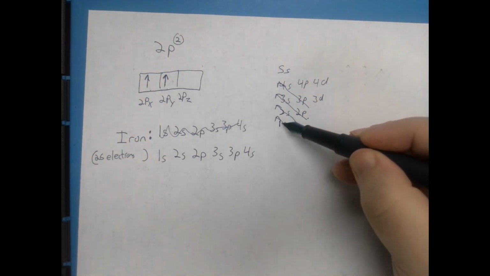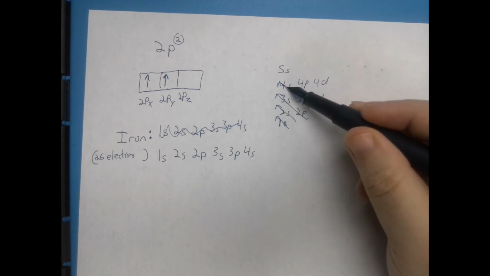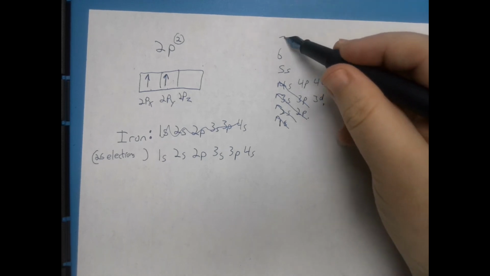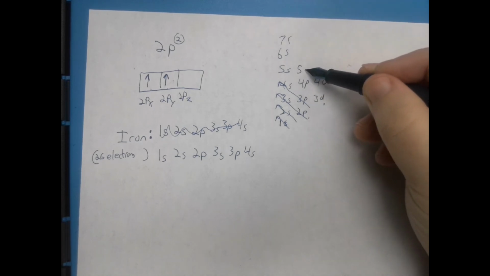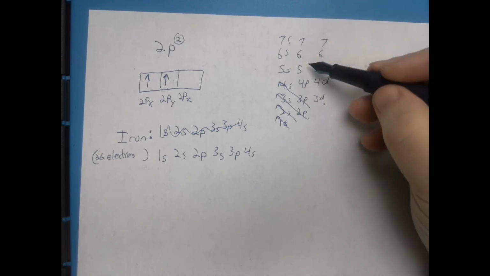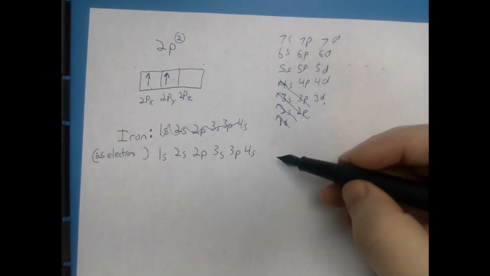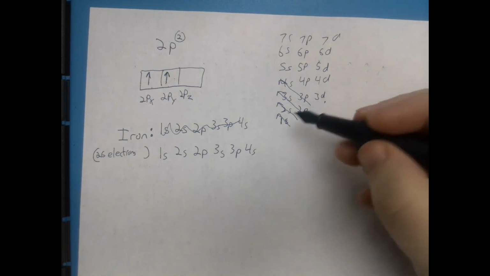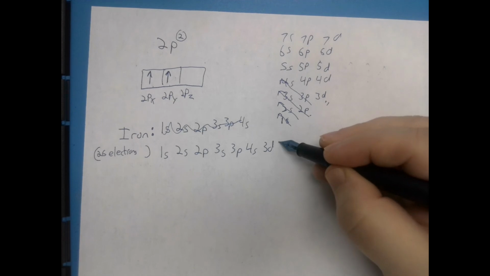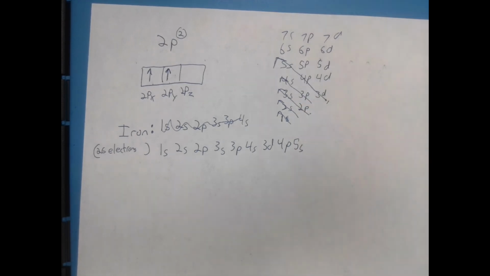So 1s first, then 2s, then 2p, 3s, then 3p, 4s, and then the next one would be 3d, 4p, and then 5s, going up that way.